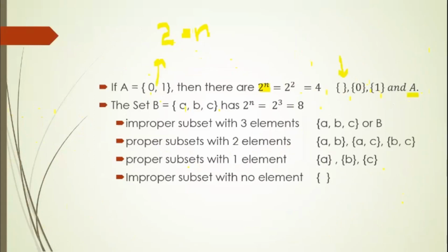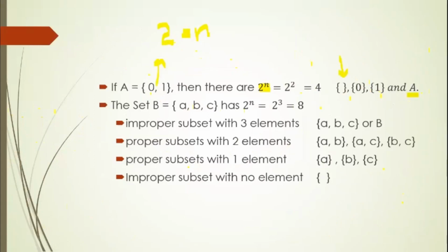So what if our n is equal to 3? That is going to be 2 raised to the third power, which is 2 times 2 times 2, and that is equal to 8. So what would be the different subsets of this power set of set B?